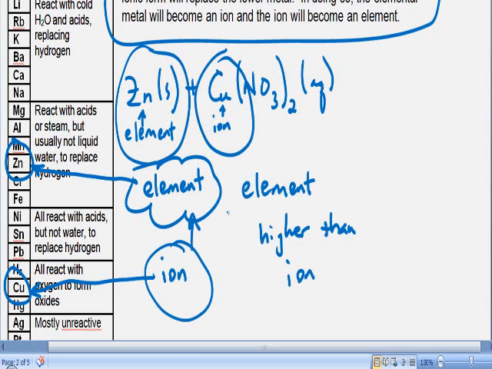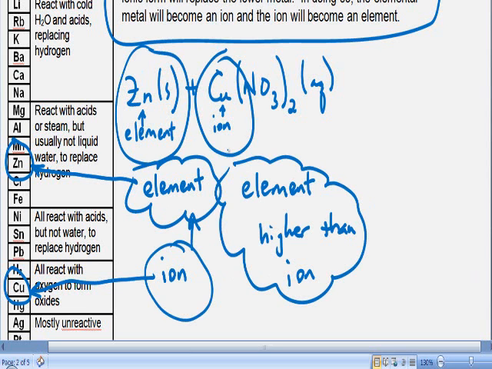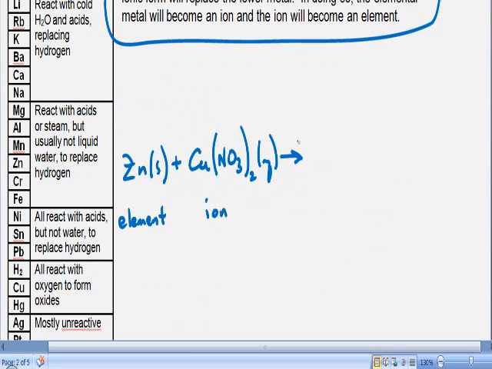In this circumstance, in which the element is higher than the ion that it's going to react with in the chemical reaction, this means that a reaction will occur. And we're going to have the element trade places with the ion in our single replacement reaction.